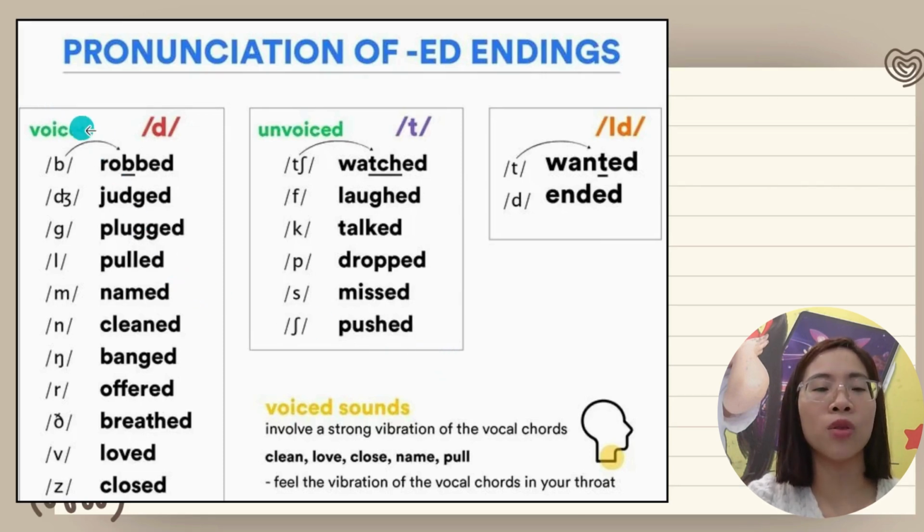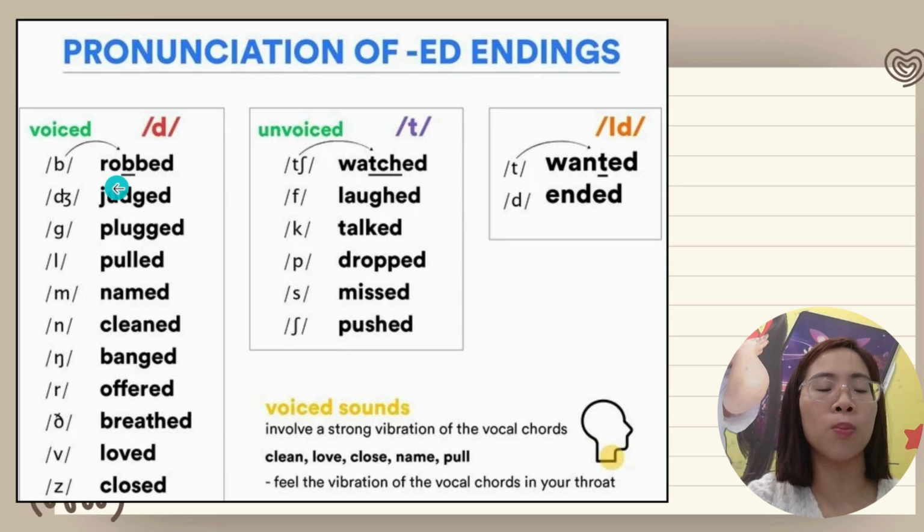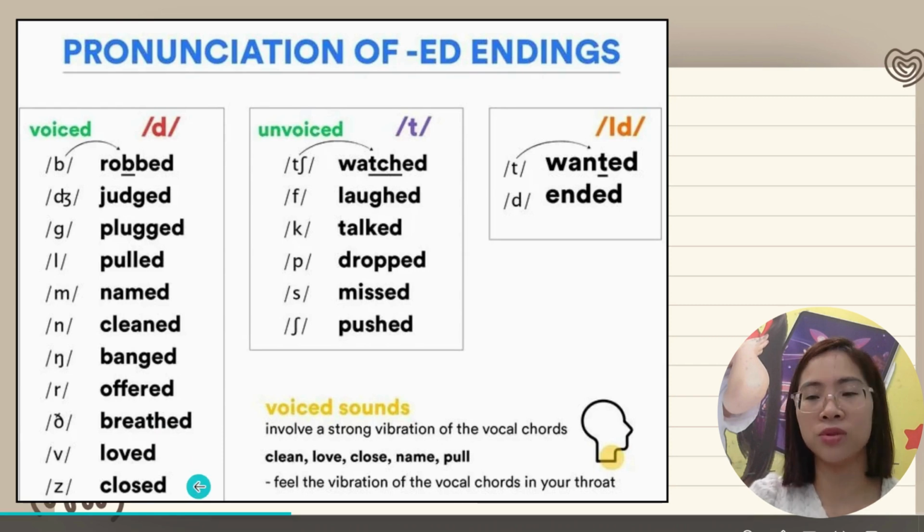Great. And the other, we have voiced consonants. We pronounce d, like rub, rubbed, judge, judged, plug, plugged, pull, pulled, name, named, clean, cleaned, bang, banged, offer, offered, breathe, breathed, love, loved, close, closed.